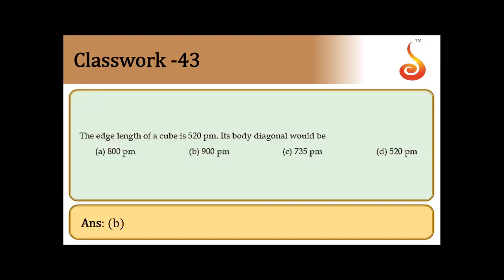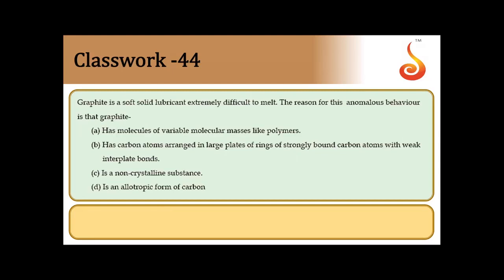Next, 43. Graphite is a soft, solid lubricant and extremely difficult to melt. What is the reason for this anomalous behavior of graphite? Having molecules of variable molecular masses like polymers is not correct. It has carbon atoms arranged in large plates of rings, strongly bound carbon atoms with weak interplate bonds.